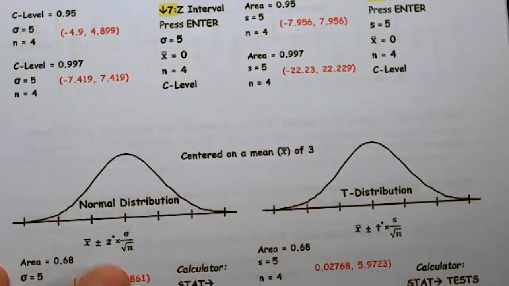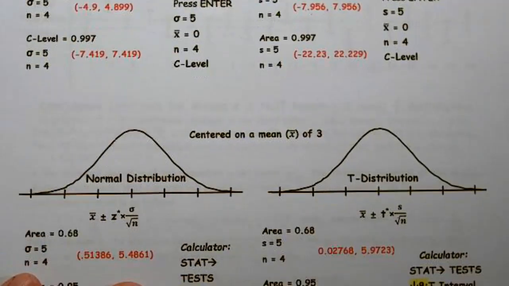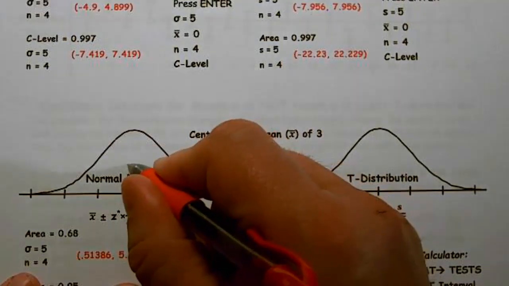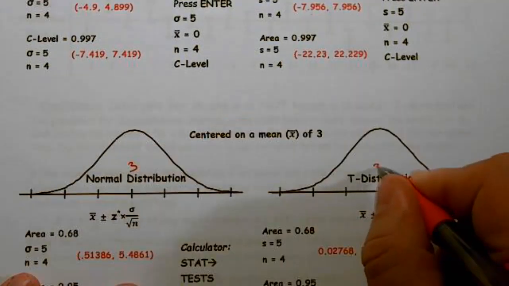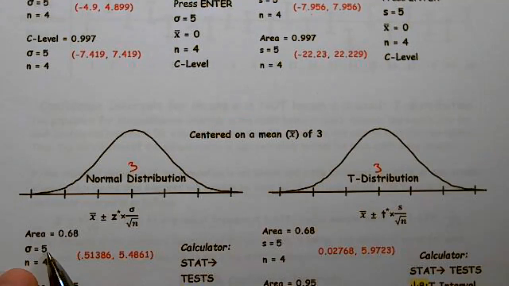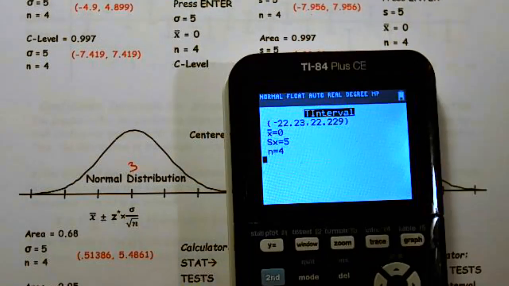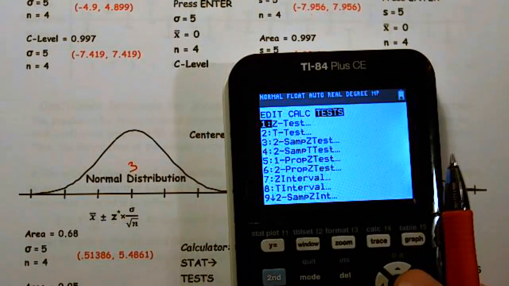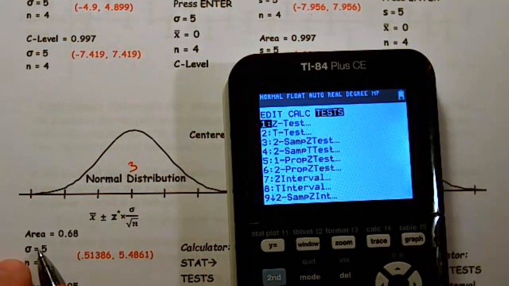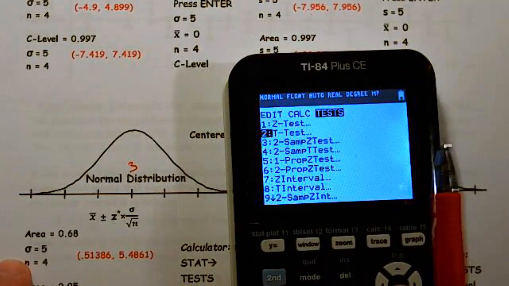Now that was centered up on 0. What if we centered these up on 3? So this is now centered at 3, and this is centered at 3. We're going to keep our standard deviations the same, but we're going to rerun these and just show the shift. That is very easy to do. So stats test, because we have standard deviation of the population, we're going to use a z interval.